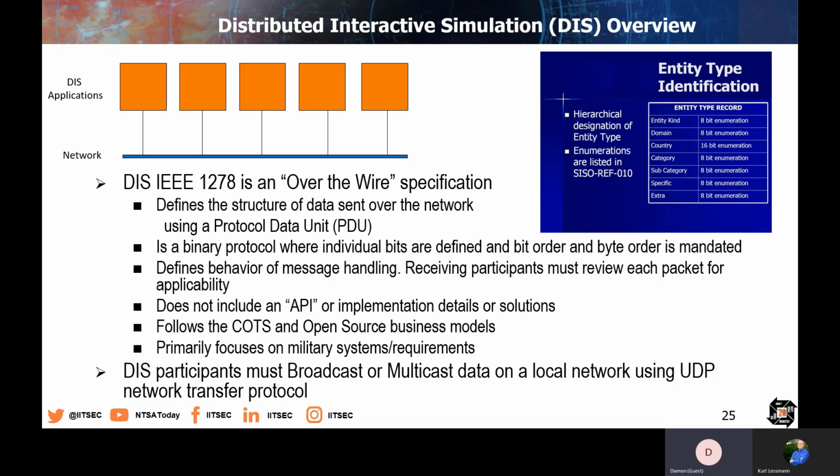DIS is primarily focused on military systems and requirements. This is very important if you're going to do something non-military. And an example I can give is if you're trying to simulate combat systems, for example, then DIS will already have in the standard probably all the definitions and enumerations that you need.